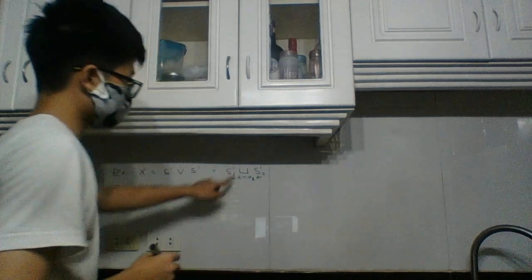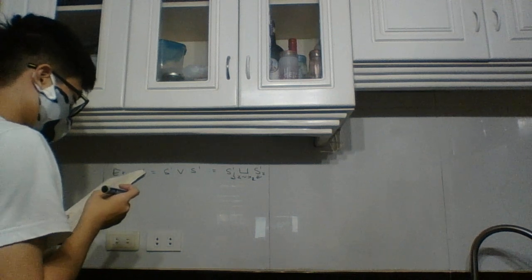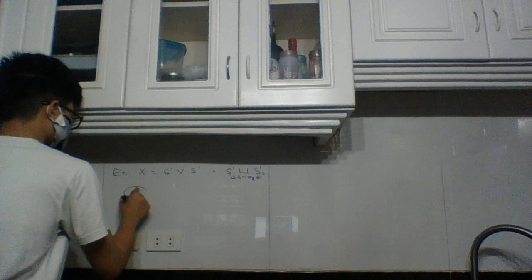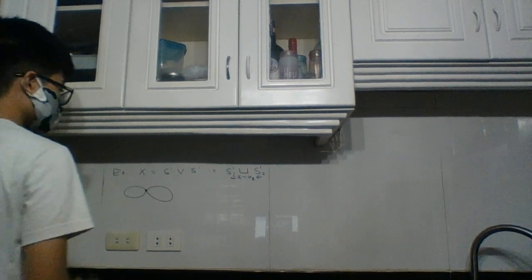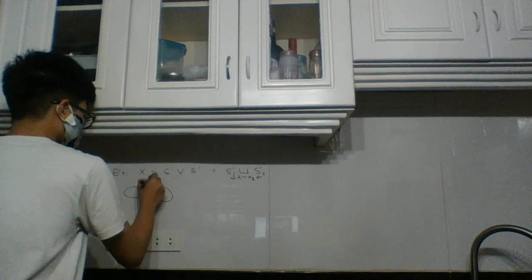So S1 (1) glued to S1 (2) at some point x1 identified to a point x2. We can visualize this as this landscape type thing, and this is x1 identified with x2.